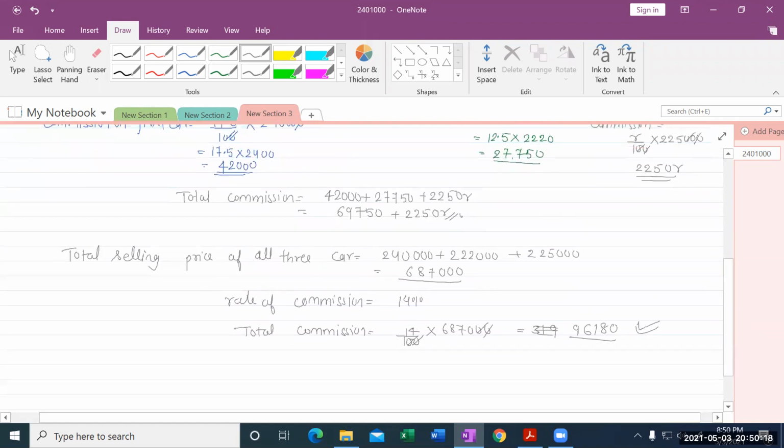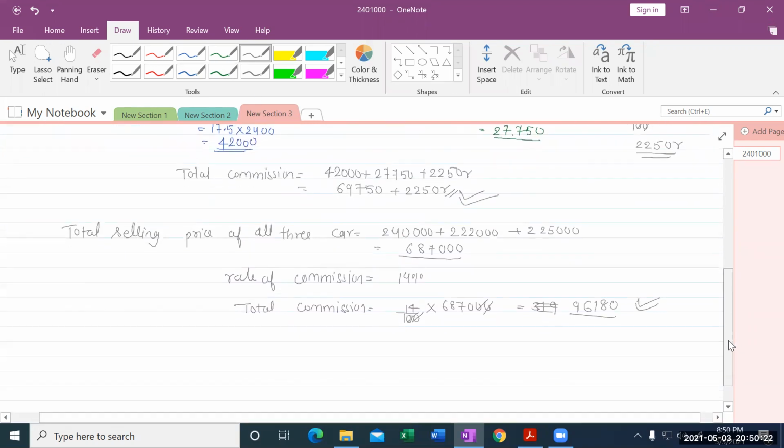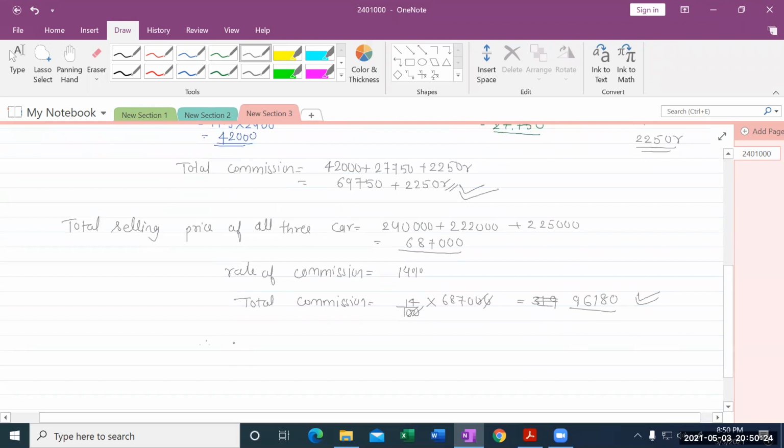But the total commission we already know. Here I double ticked. So now I'll equate these two. So 69,750 plus 2250 R is equal to 96,180. So 2250 R is equal to 96,180 minus 69,750.